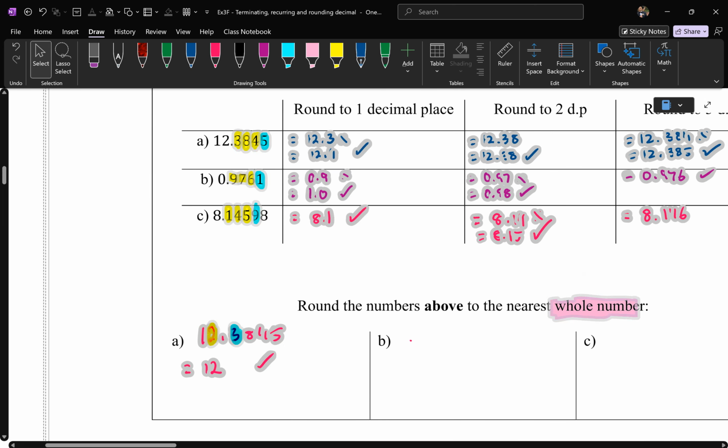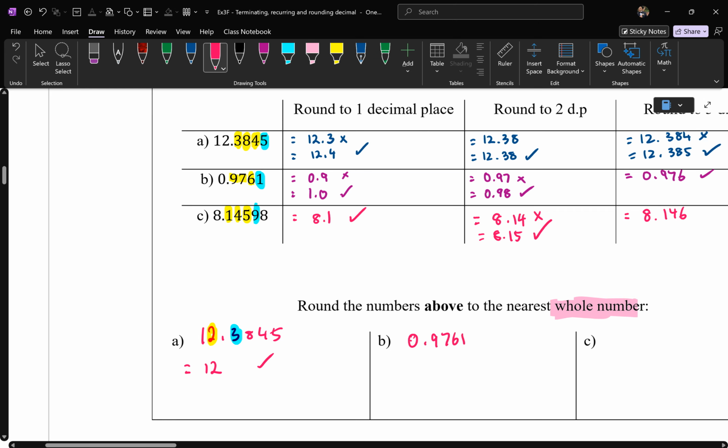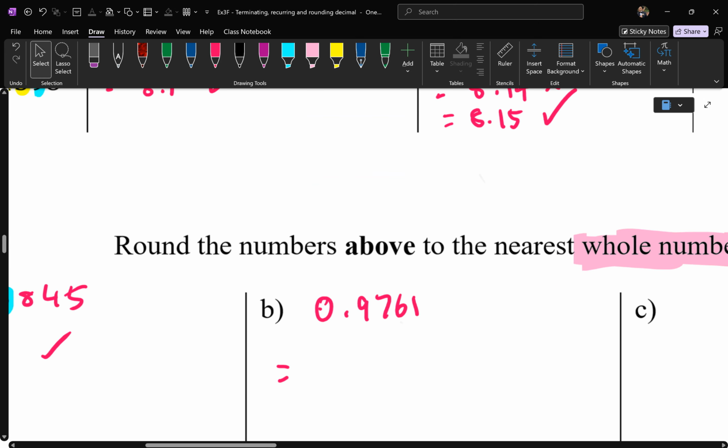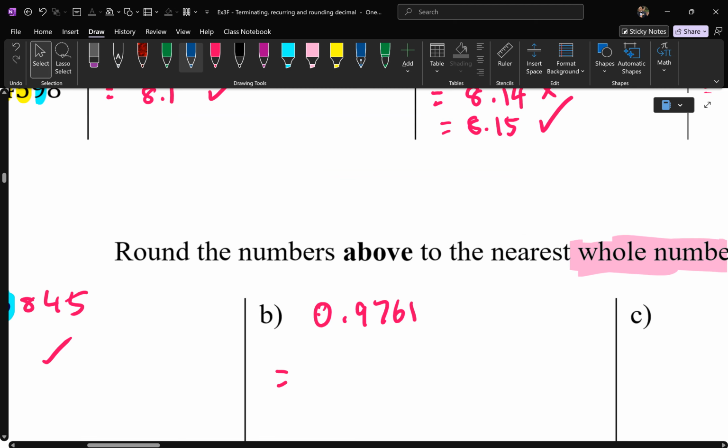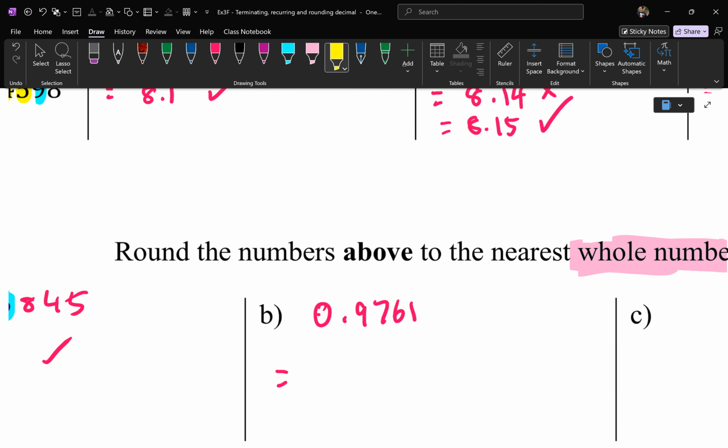What about B? 0.9761, Mateo. Nearest whole number. 0. Yes, normally it is a 0, but you've got to check the next digit. 9. Yeah, so it's a 9, so it's more than 5, so that means you have to increase this by 1. So the nearest answer is 1.